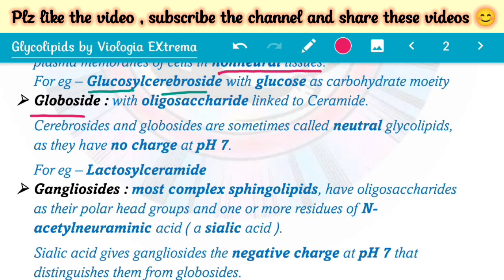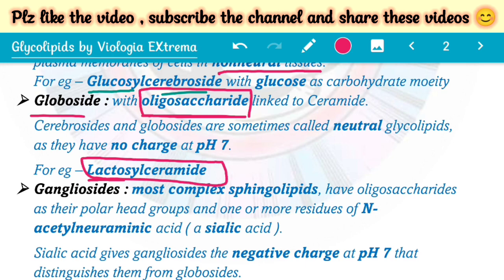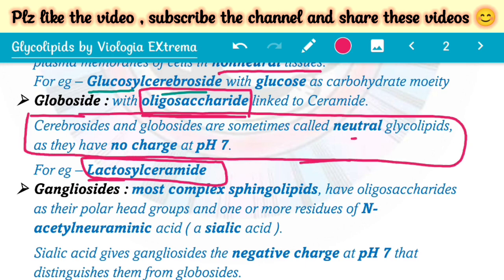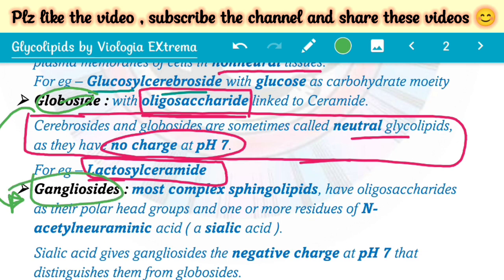If we talk about globoside, we add an oligosaccharide, which can include di-, tri-, tetra-saccharides and so on. Here we are using a disaccharide, lactose, so lactosyl ceramide. Both cerebrosides and globosides are neutral lipids, because they have no charge at pH 7. But if I modify the globoside, as we talked about earlier, it becomes a ganglioside.